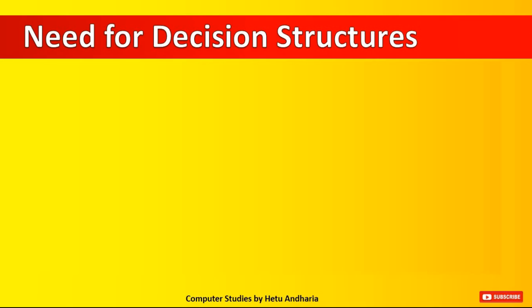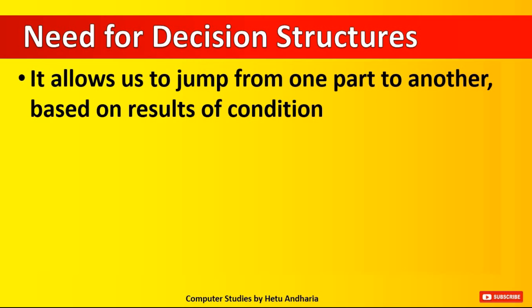Fine, now we come to the next topic, that is need for decision structures in C language. Decision structure statements help us to jump from one part of the program to another part of the program based on the results of some conditions. So after the condition, the flow of the program should be changed.